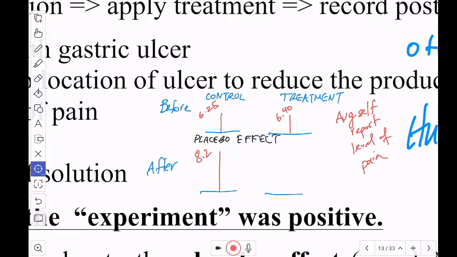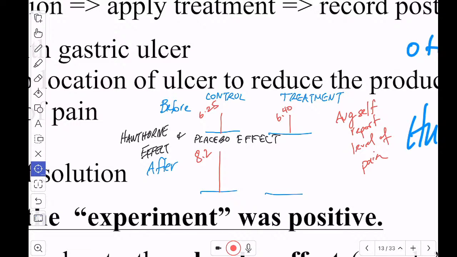So that would be the Hawthorne effect. So I could write that in as well. Usually you hear about the placebo effect. Okay, so both of those.